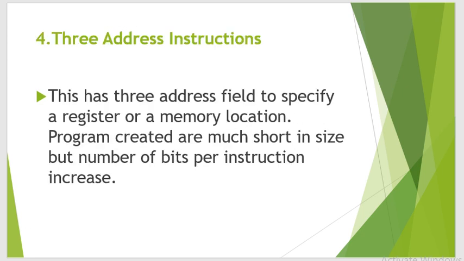After that, three address instructions. This has three address fields to specify a register or memory location. Programs created are much shorter in size, but the number of bits per instruction increases. So the meaning is the three address instruction fields specify a register or memory location. It is going to allocate the memories, like R1, R2, into the memory units.